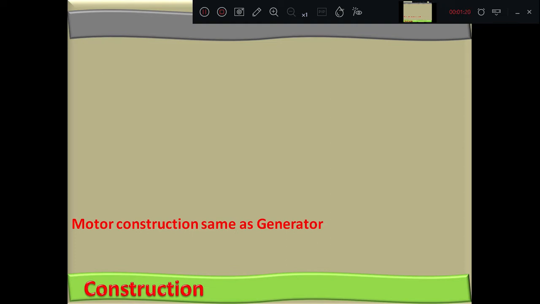The same machine, if you are inputting mechanical energy and getting electrical output from that, acts as a generator. Means the same machine can be used as generator or motor in the case of DC machine. Therefore, the motor construction is the same as generator.